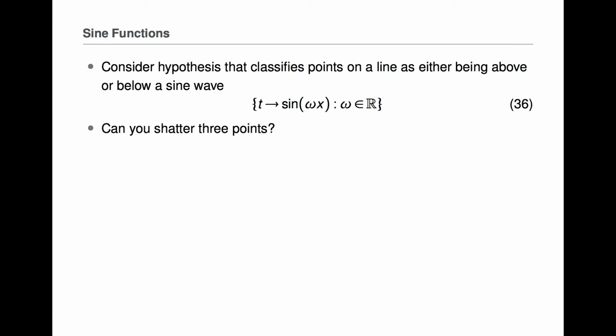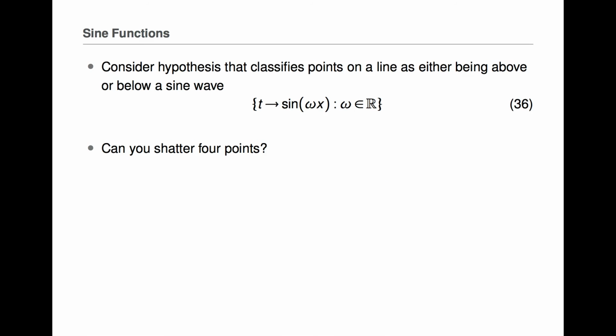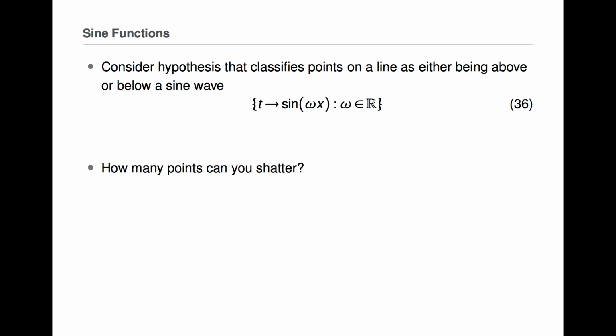Let's take, as an example, another hypothesis class that classifies points on a line as being either above or below a sine wave, parameterized by the frequency, omega. So can you shatter 3 points? Yes, you can. And here's a proof by picture. How about 4 points? You can also shatter 4 points, and the question is, how many points can you shatter?